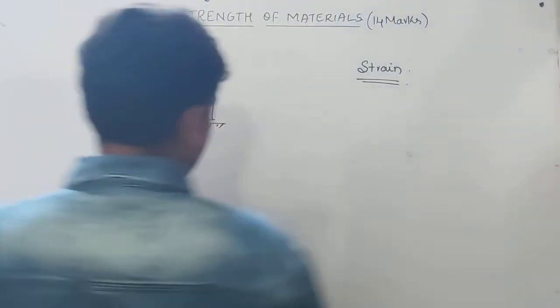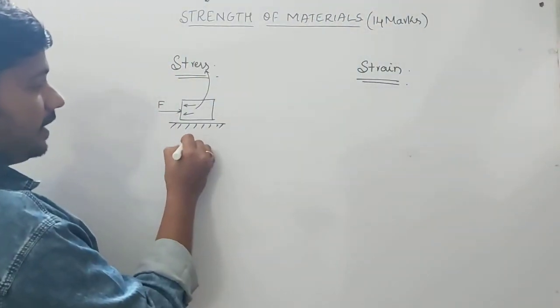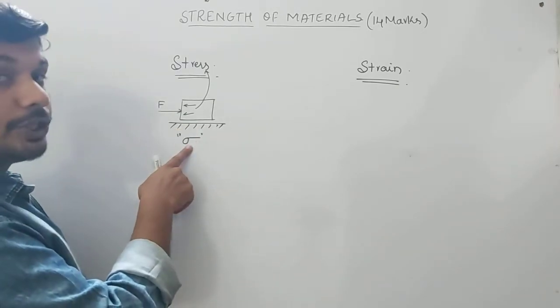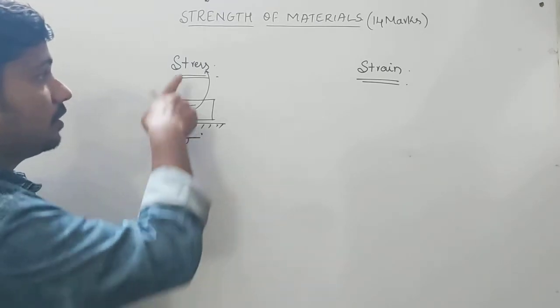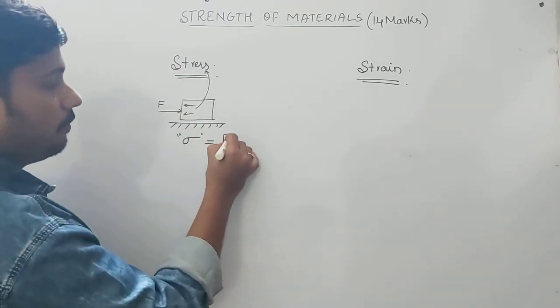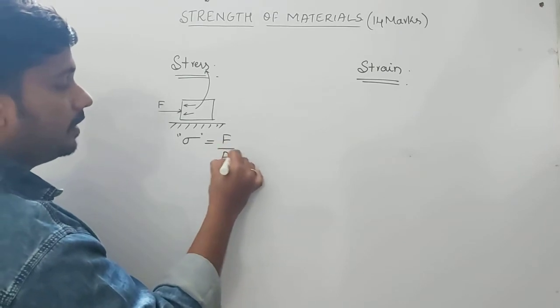So how is it defined? Stress is denoted by sigma. Stress is nothing but force per unit area.